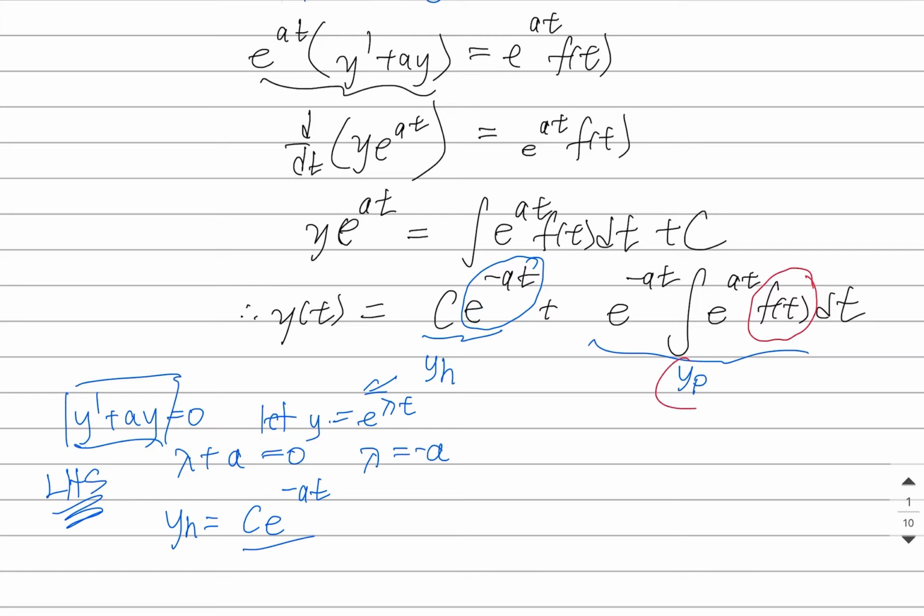So this yp is called a particular solution. This is the part that solves Ly equals f.